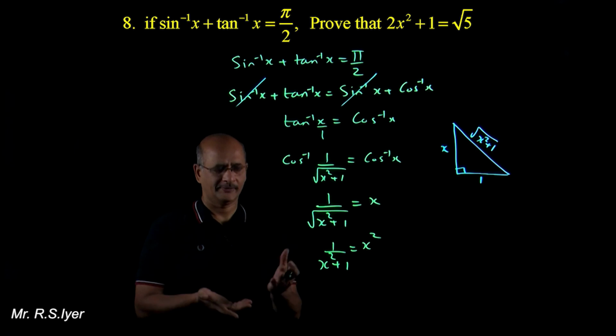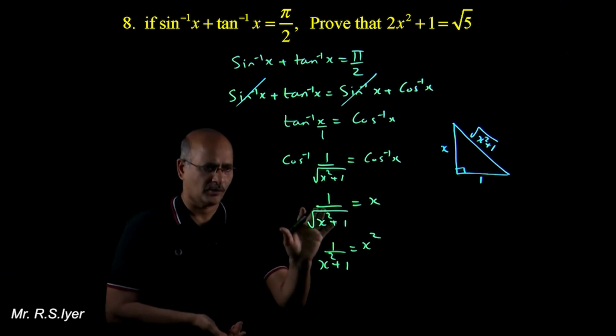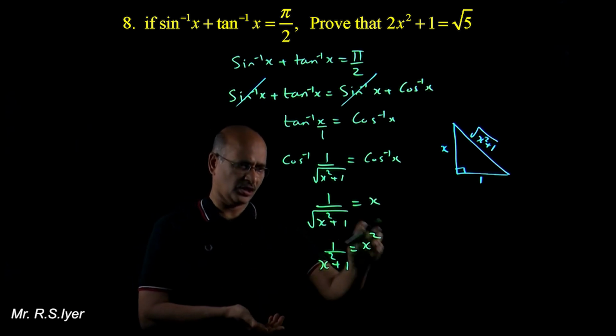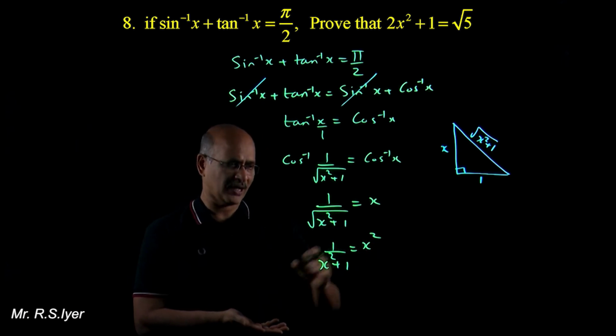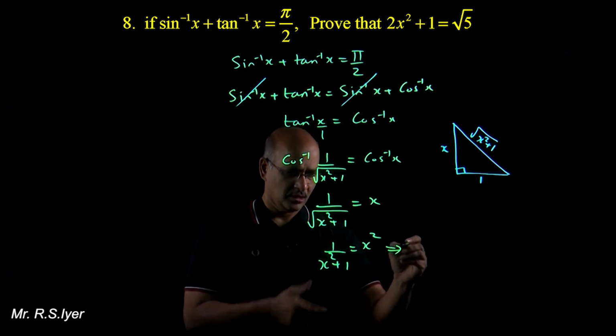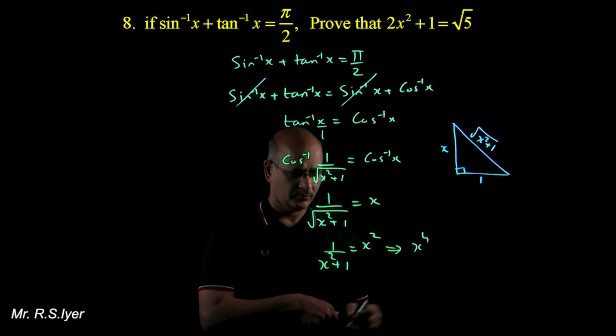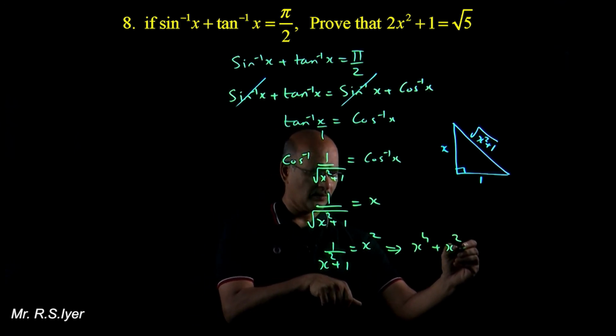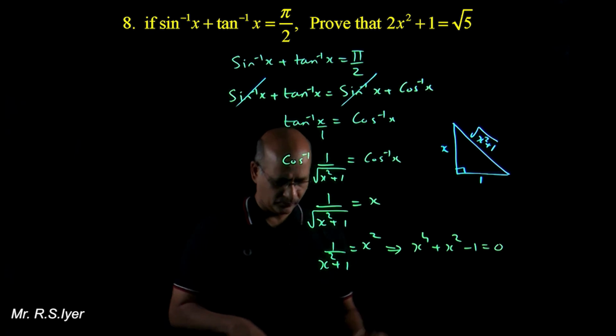Okay, fine. Now there is a problem in this question. What is the problem? If you see carefully here, if I cross multiply, what happens? Let us see. It implies x raised to 4, right, plus x square minus 1 is equal to 0.